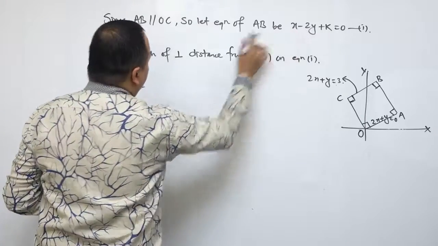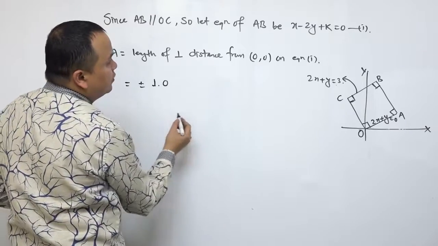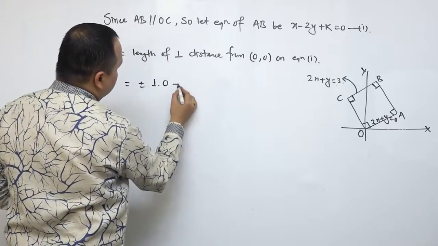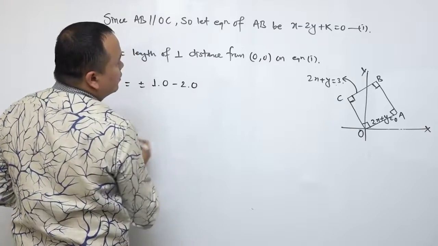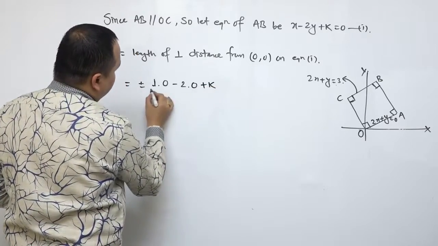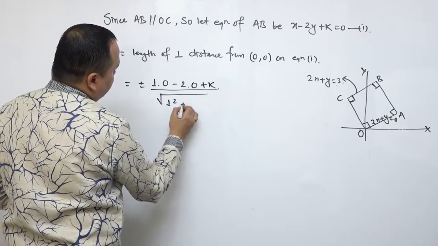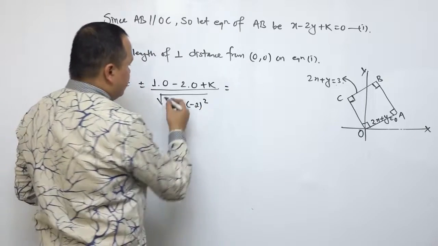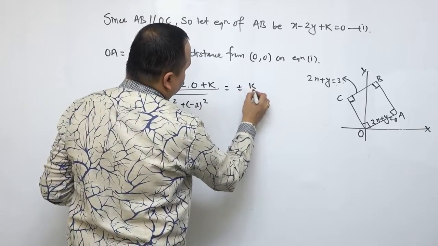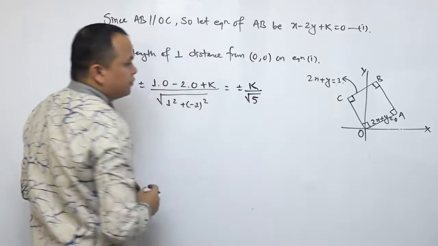Here A, coefficient of x is 1, x1 is 0, plus B is minus 2 into y1 is again 0, plus k, divided by root over 1 square plus minus 2 square. And this is plus minus k divided by root 5.